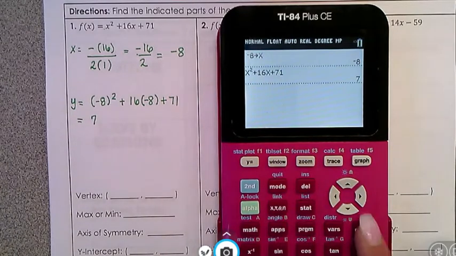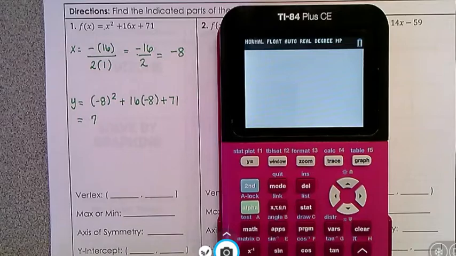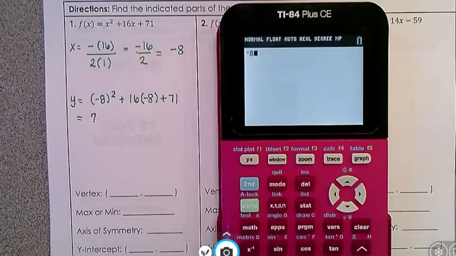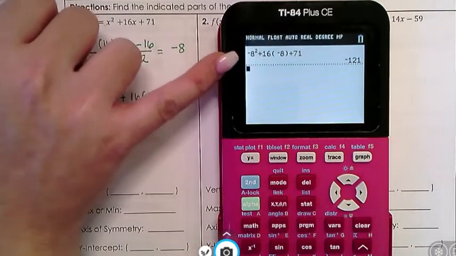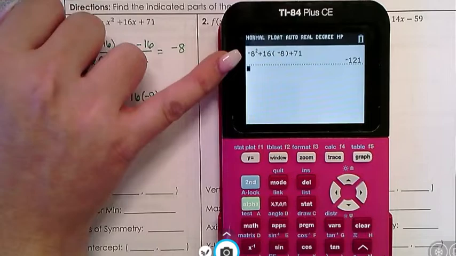I'm going to tell you what a lot of you are going to do and why you're going to get it wrong. A lot of you are going to get negative 121. Look at what I typed in and think about what I did wrong. If you do it this way, I did not put parentheses around the negative 8.